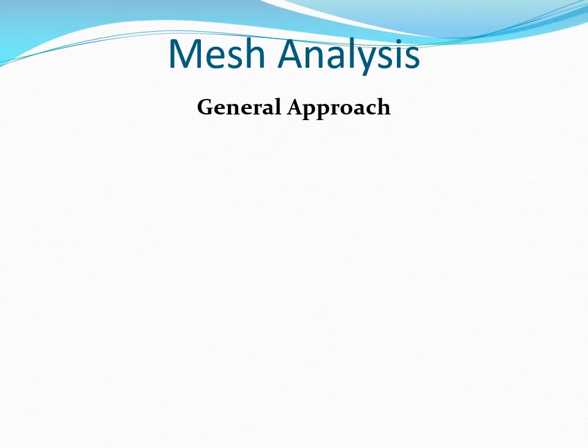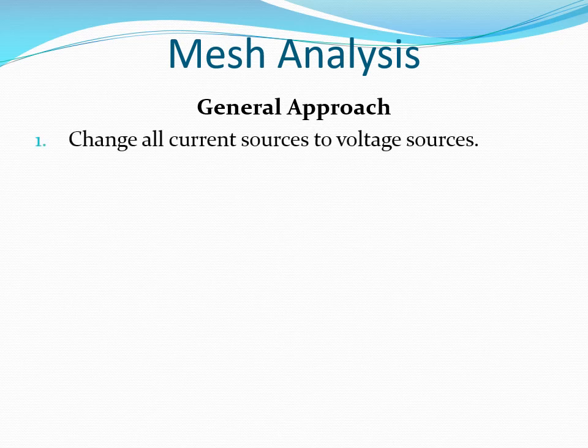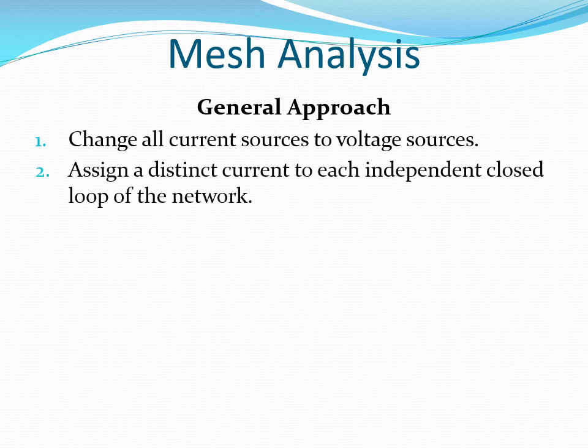Let's look at the mesh analysis method. The steps followed when using the general approach are: 1. Change all current sources to voltage sources. 2. Assign a distinct current to each independent closed loop of the network. 3.